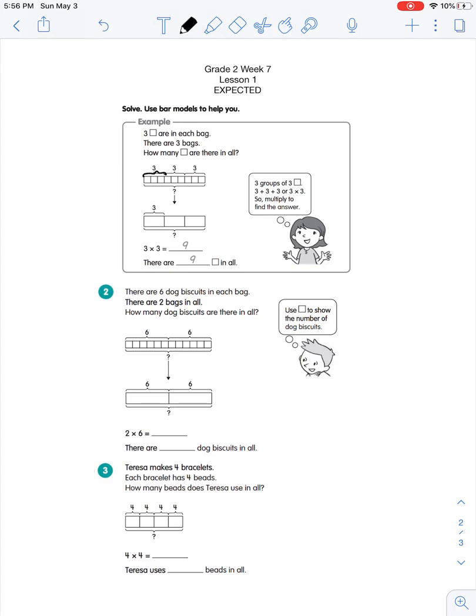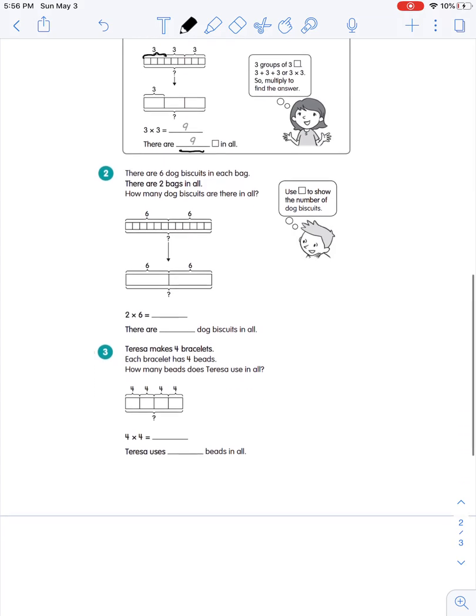So we have 3 squares in each bag. So we know one bag holds 3, so we know we're doing 3 times 3, because 3 groups of 3 squares. So we can either do 3 plus 3 plus 3, or 3 times 3. And those are both going to get us to the number 9. So there are 9 squares in all.